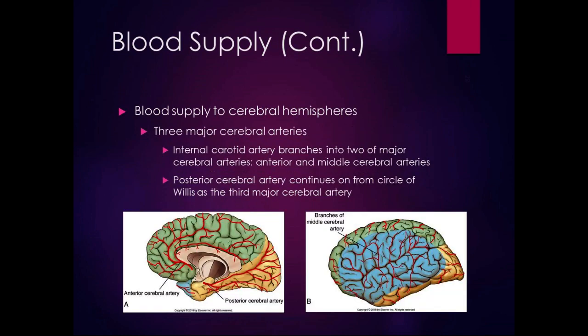So here's our blood supply. The blood is supplied to the cerebral hemispheres by 3 main cerebral arteries. The internal carotid branches into anterior and middle cerebral arteries, and the posterior cerebral artery continues on from the circle of Willis as the 3rd major cerebral artery. We will find out later on in the blood supply chapter that middle cerebral artery strokes are by far the most common type of strokes, and they produce what we consider to be the most common CVA symptoms.